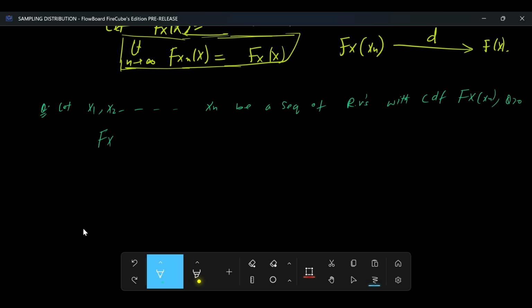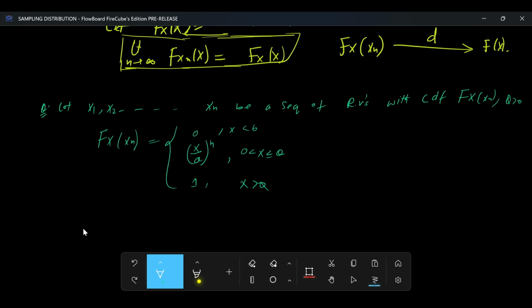Then f of x xn is equal to 0 when x is less than 0, (x by theta) raised to the power n when x is between 0 and theta, and 1 when x is greater than or equal to theta. Now see this question, we need to find the convergence in distribution.